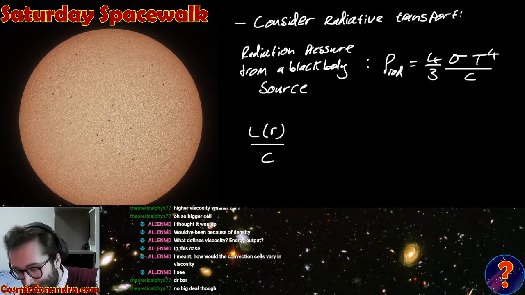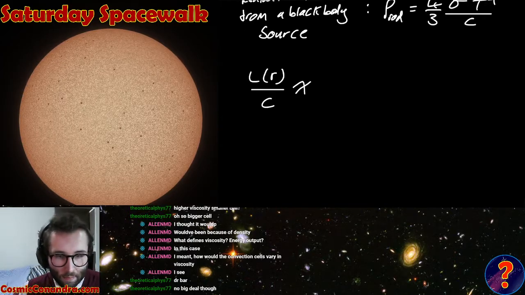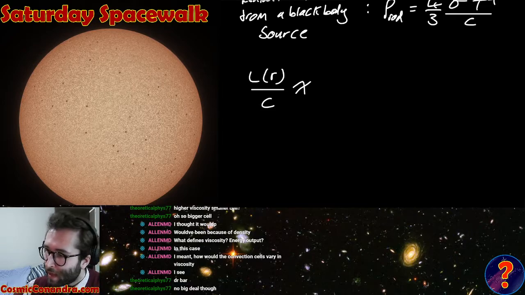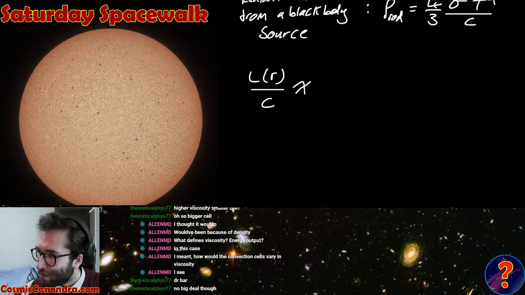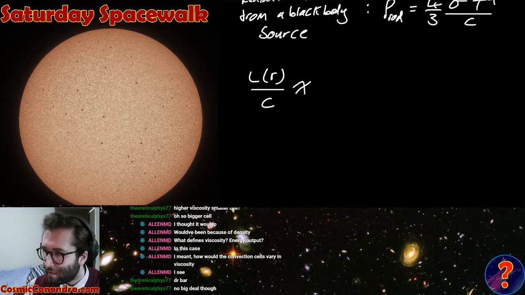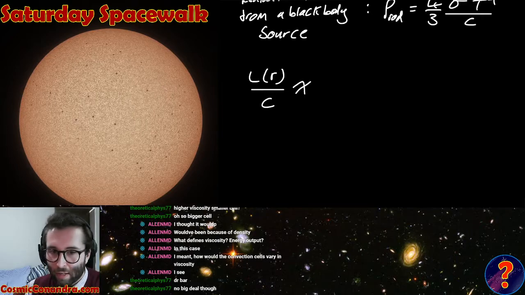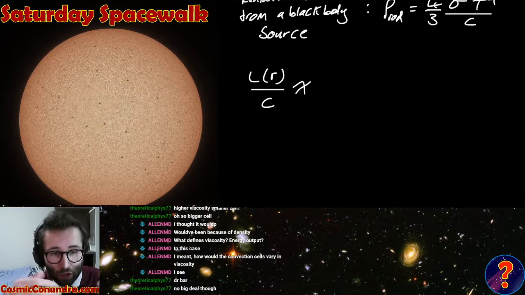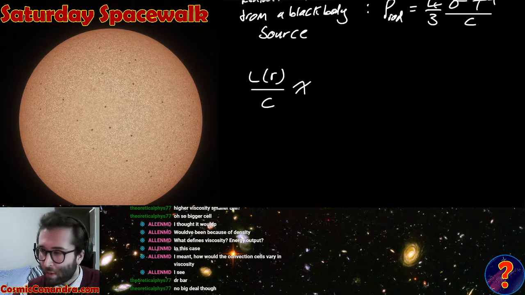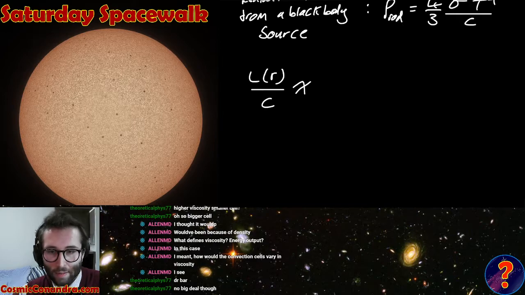And then we have this factor here, that is the opacity. And this is just a measure of how transparent the material is. So you can imagine if this outer layer, radius r, we're thinking about, this shell, is totally transparent, then it doesn't matter how much energy is being pushed into it. None of it is going to be absorbed. Transparent things don't absorb energy. Well, don't absorb light like that.